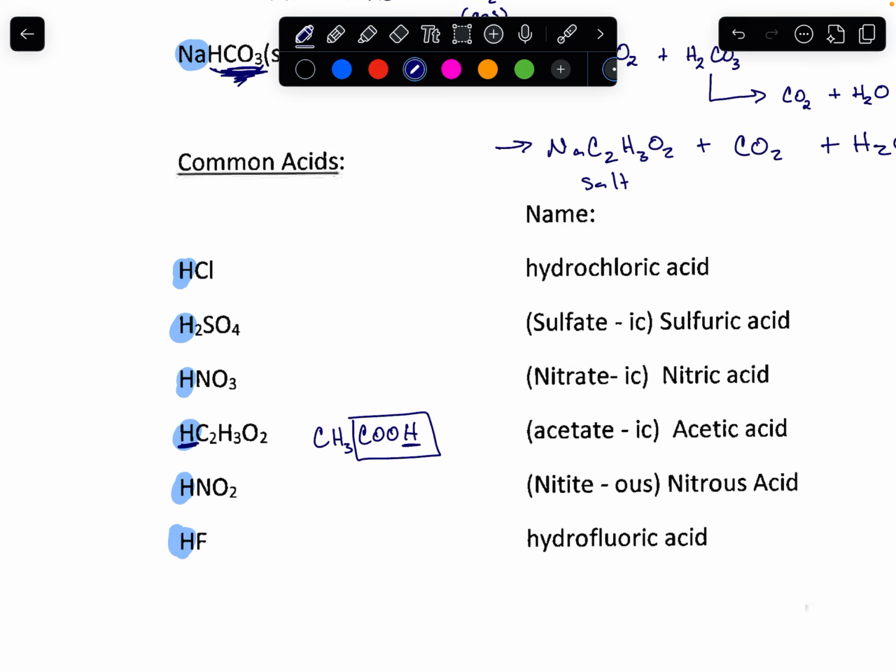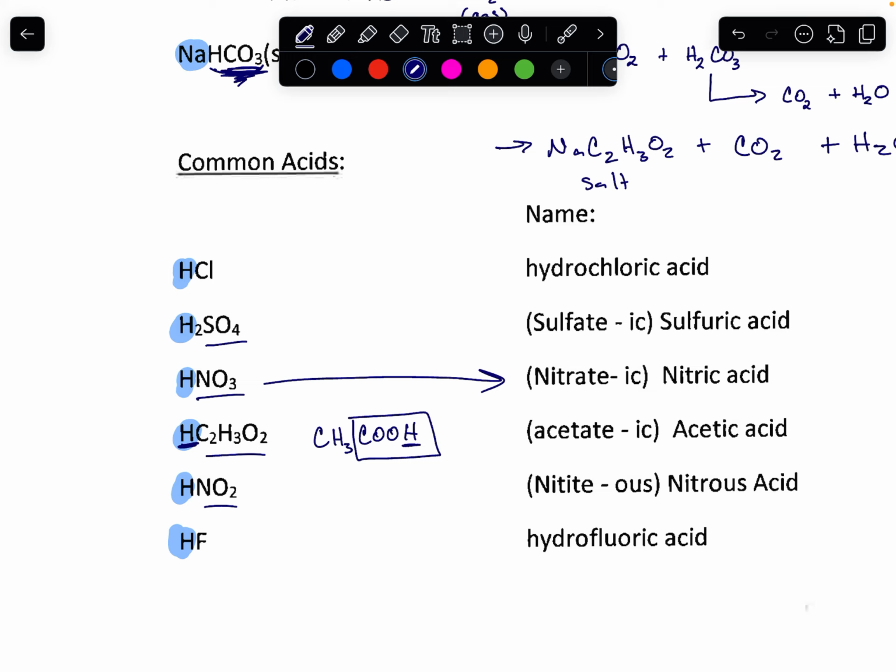All right, now let's take a look at the names that are given to us here. Let's start off with the ones that have polyatomic ions. I've got SO4, it's sulfate, and I've got nitrate, acetate, nitrite. Let's look at the NO3 one, the nitrate ion.